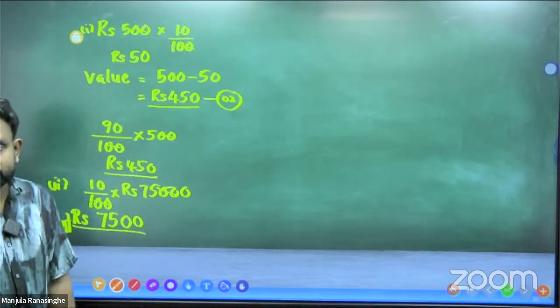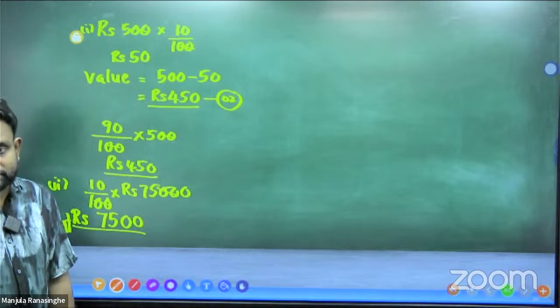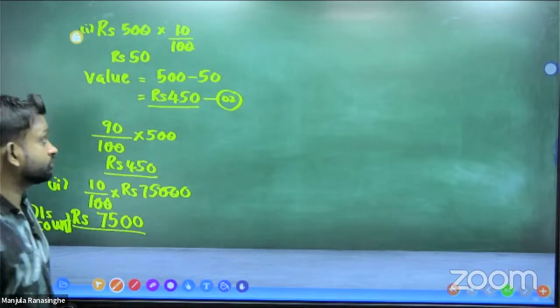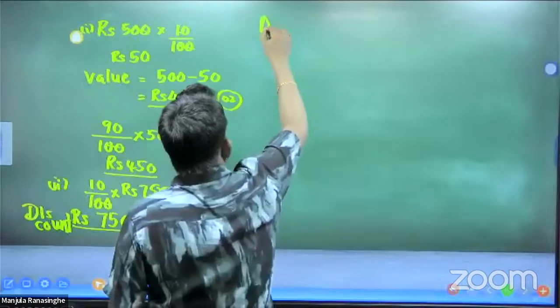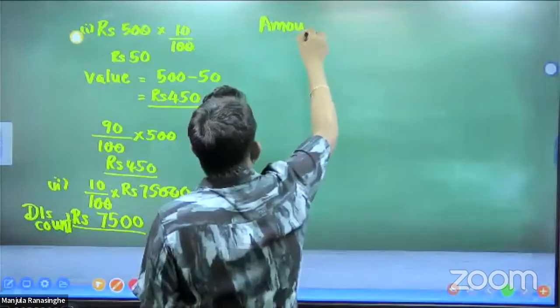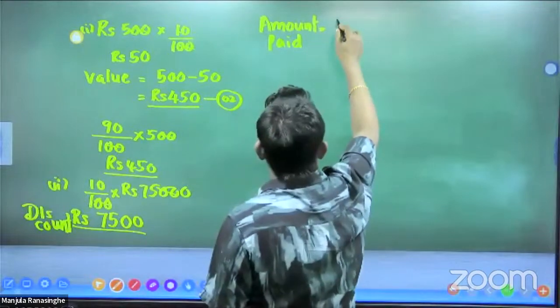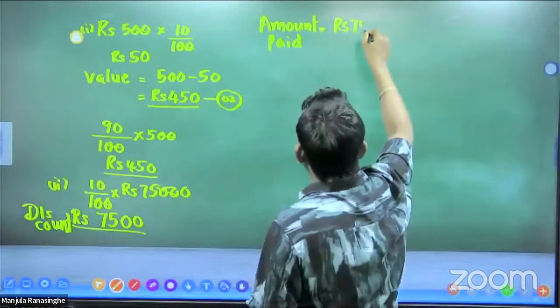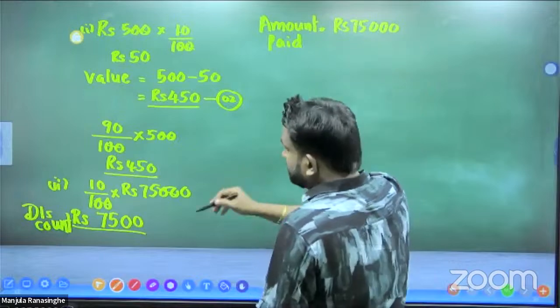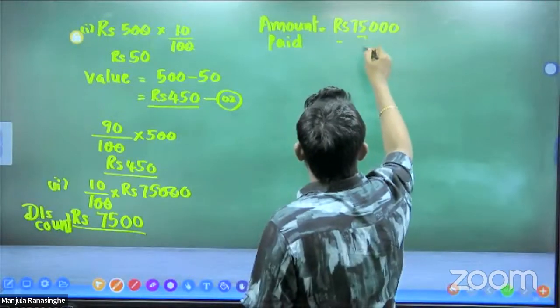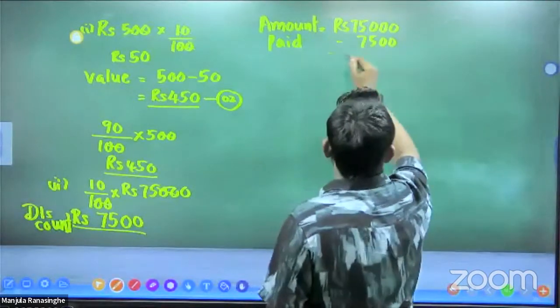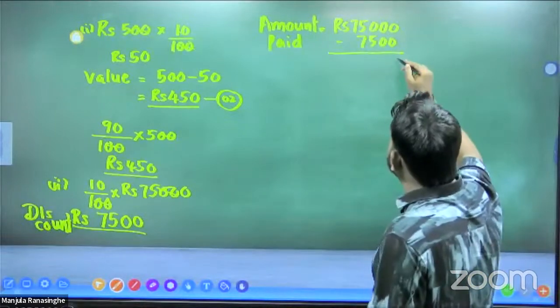Then they are asking next, find the discount and the amount he pays. So the amount paid equals just the rupees 75,000, the sofa value, subtract this 7,500 rupees from the sofa set. This is the amount we are paying.